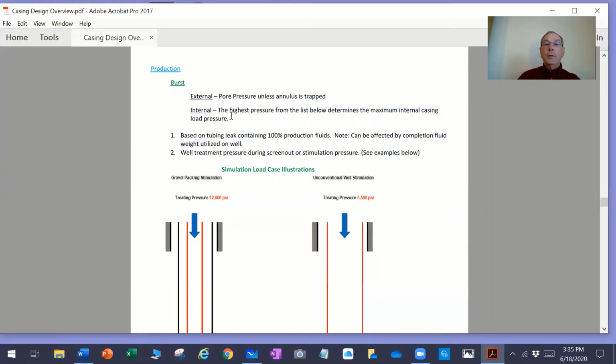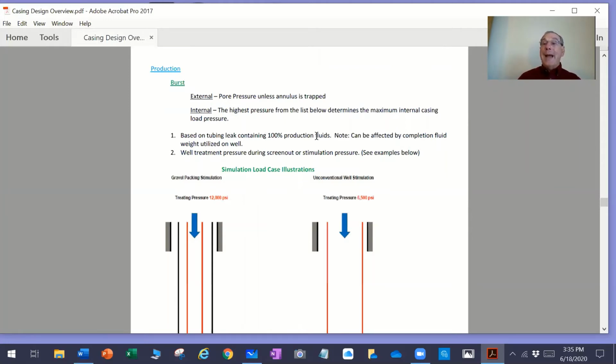And then the internal, you're going to use the highest pressure from the list below to determine the maximum internal casing load pressure. It's a fairly simple list though. It's based on a tubing leak containing 100% production fluids. So it's not going to be based on a partial fluid level in the well of like 50% or 75% production.